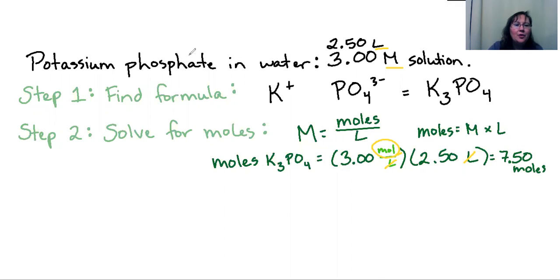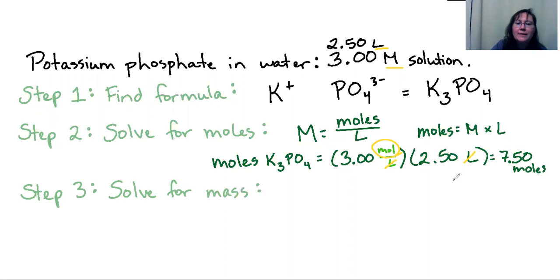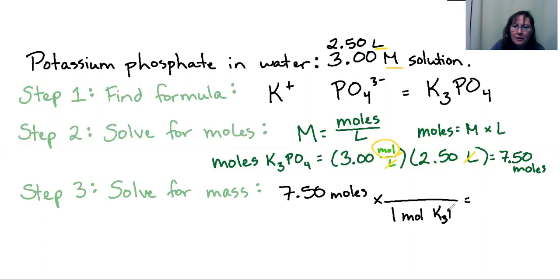Now my step 3 in this case, because I'm making this formula, is to solve for mass. And we always solve for mass from moles by taking our number of moles and multiplying it by the molar mass. So we have 7.50 moles times the molar mass of potassium phosphate, so 1 mole of K3PO4. Now, in order to find this, again, I need to turn to my periodic table.